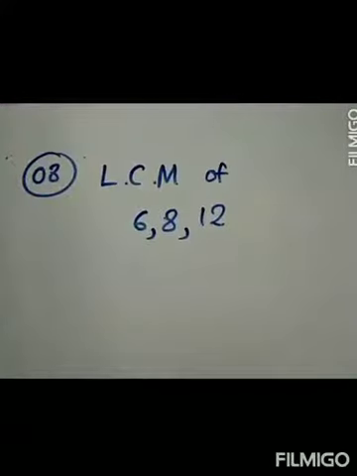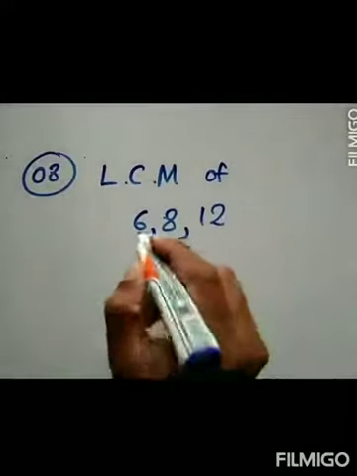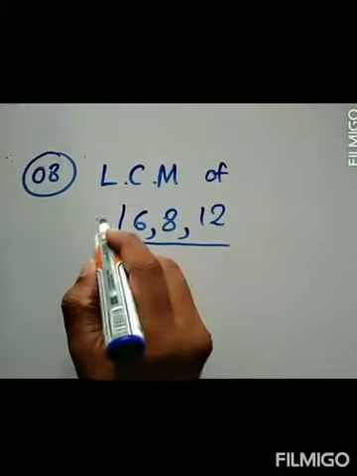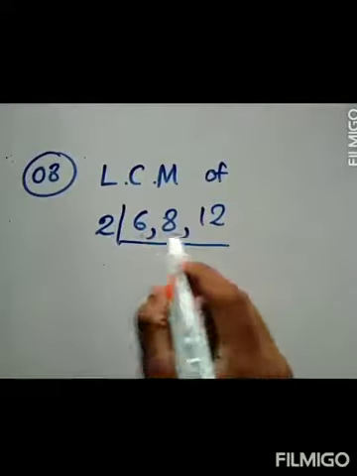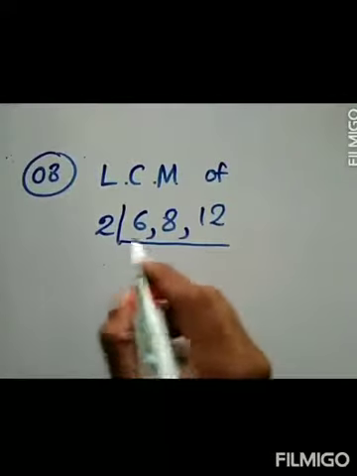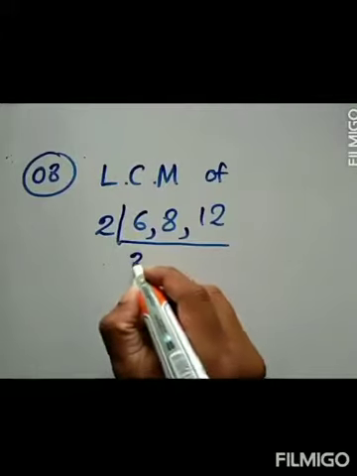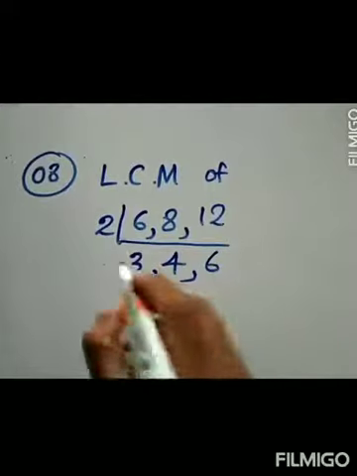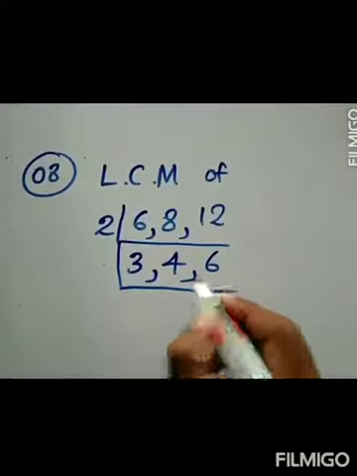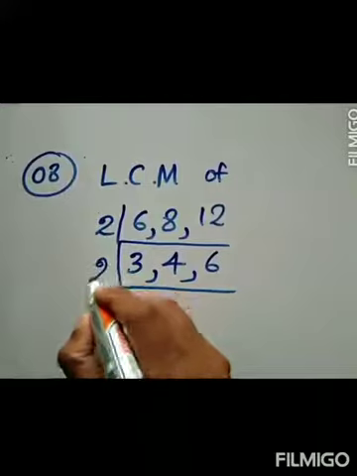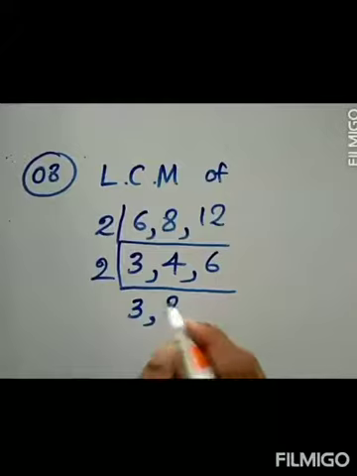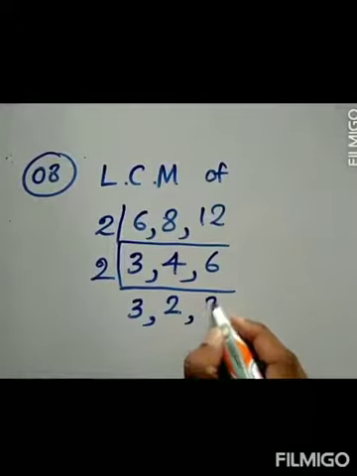They ask find the least common multiple of 6, 8 and 12. So divide these three numbers by prime numbers. So the first prime number is 2. You can divide all the three numbers by 2. Then 6 divided by 2 is 3, 8 divided by 2 is 4, 12 divided by 2 it's 6. Then there are two numbers which are divisible by 2. So divide by 2. Then 3 stays unchanged. 4 divided by 2 is 2. Then 6 divided by 2 is 3.